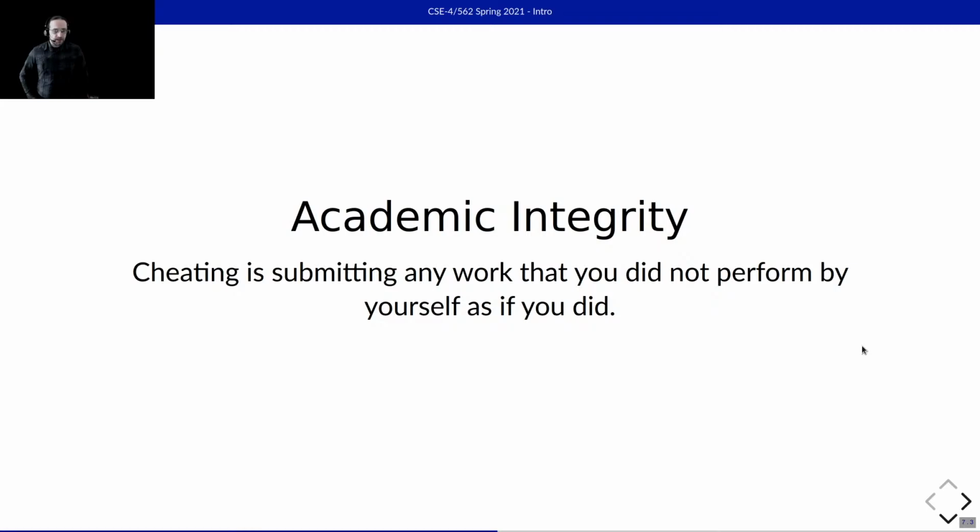Citations are fantastic. If you cite your sources, that is great. We will grade you on what you yourself did, but it is not cheating specifically if you cite your sources.